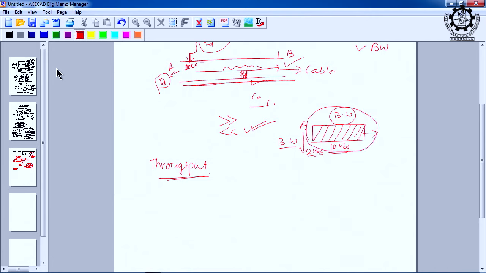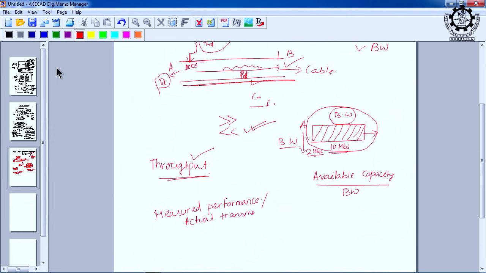So, the measured performance of your transmission is called the throughput, and bandwidth is the available capacity, but you never get the whole of the available capacity for your transmission. So, available capacity is bandwidth, and the measured performance, or the actual transmission, is the throughput.